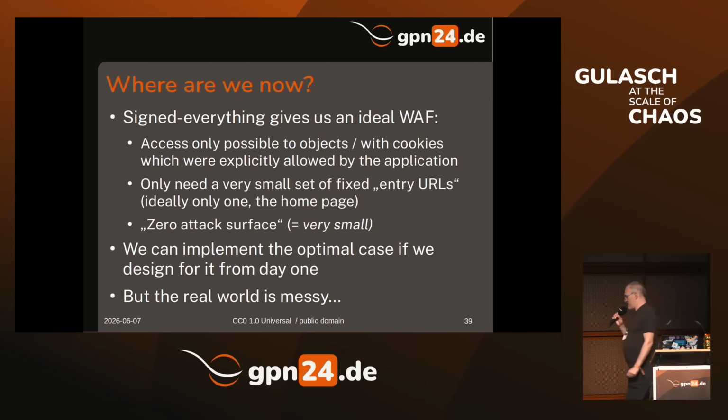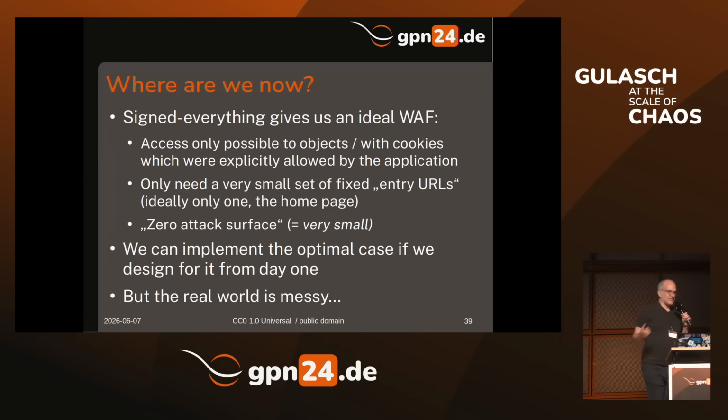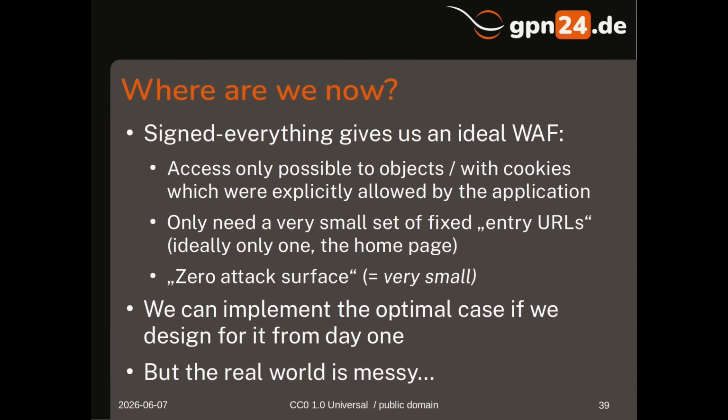So, where are we now? We have ideas how we can solve the problem for real. We can have the ideal WAF where access is only possible to objects with cookies which were explicitly allowed by us, the application.